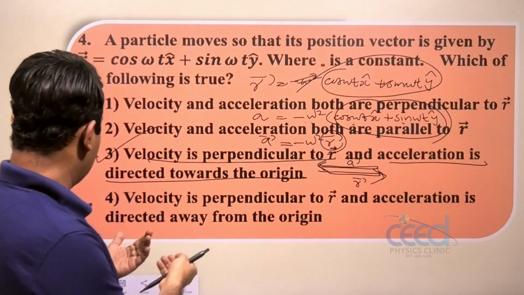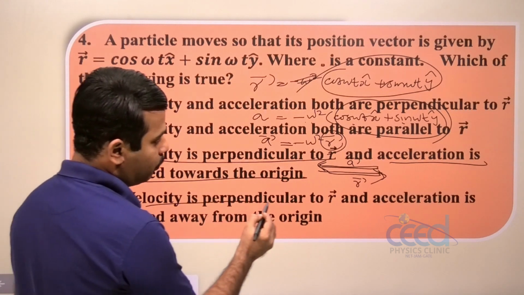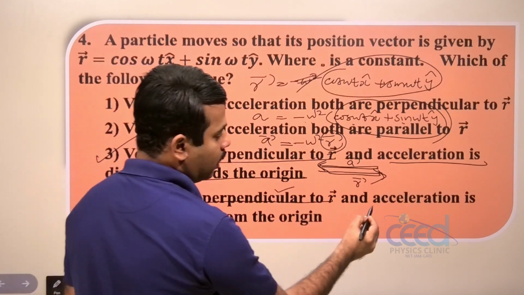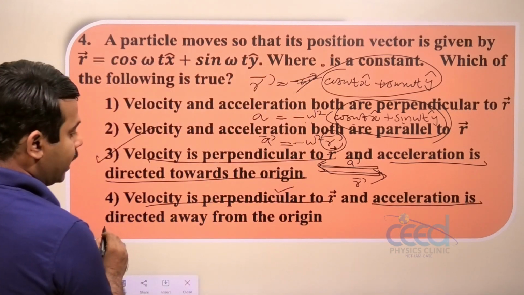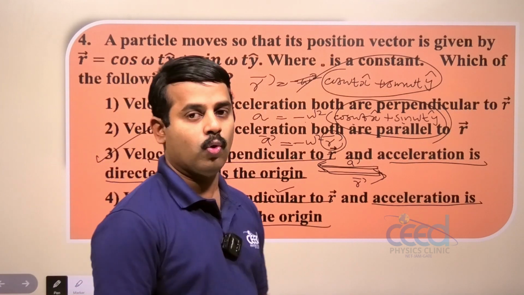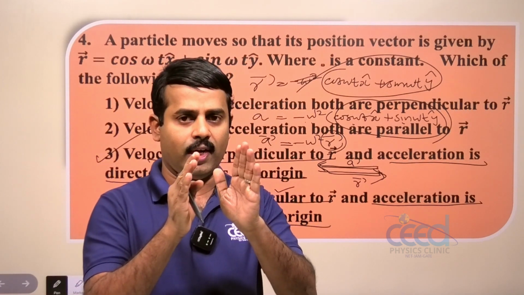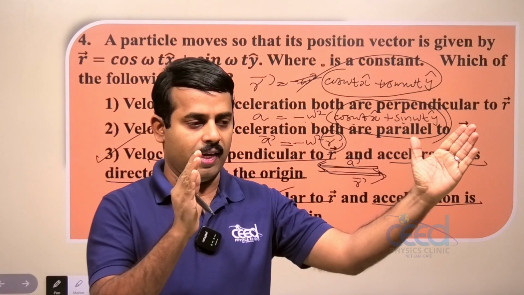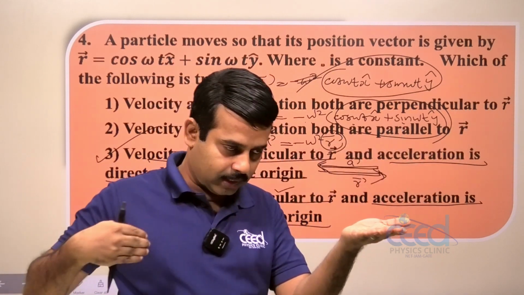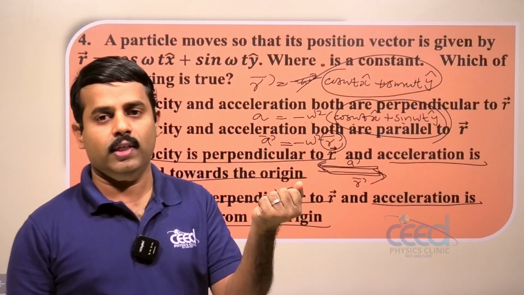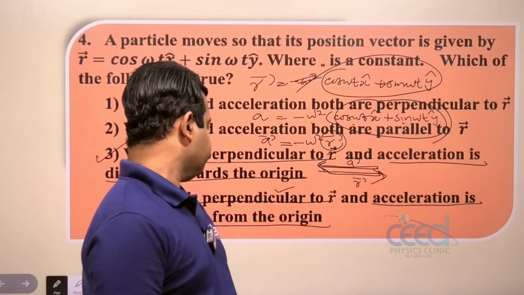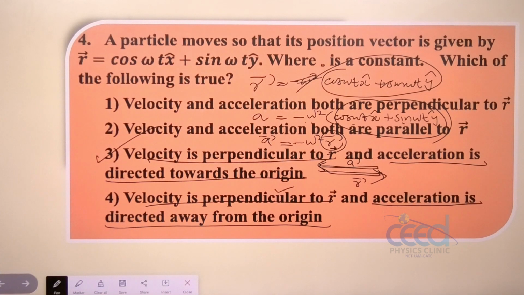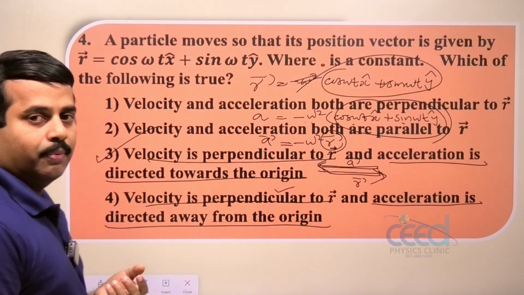Now fourth option also, velocity is perpendicular to r. This statement is correct. Acceleration is directed away from the origin. That is not true. Because of that negative sign, if r is increasing in this direction, acceleration is directed towards the origin. It is just an example of centripetal force.